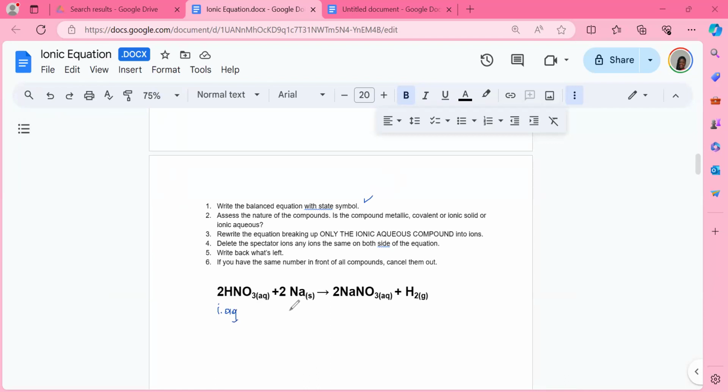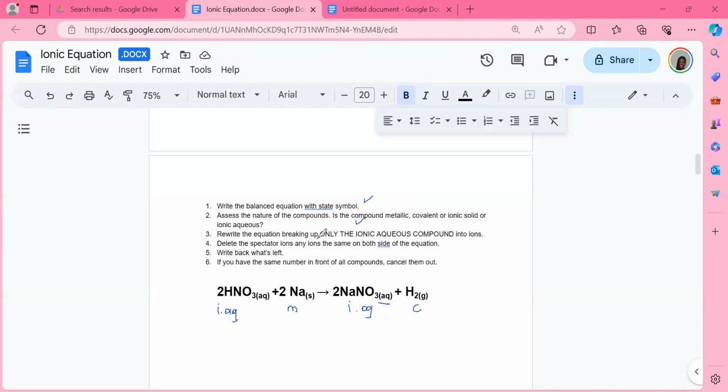This is sodium. Sodium is a metal, so I write M, indicating it's metallic, right? Then I look at this compound, it's sodium nitrate. It is ionic, and I look at the state symbol, it's aqueous. And here I have H2. H2 is covalent. So I have assessed the nature of the compounds.